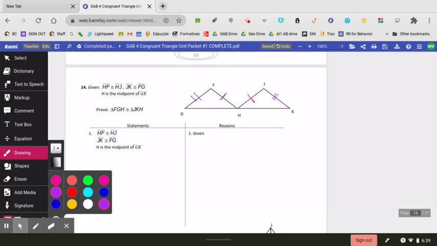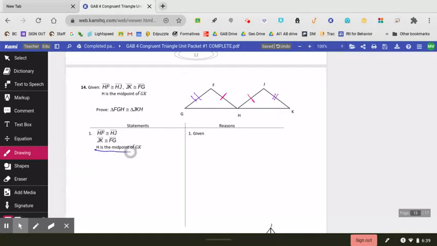And last, we know that H is the midpoint of GK. So that right there tells us our other piece of information that we really need to know to do this. So H is the midpoint of GK. That means that GH is congruent to KH. And that's the definition of midpoint.